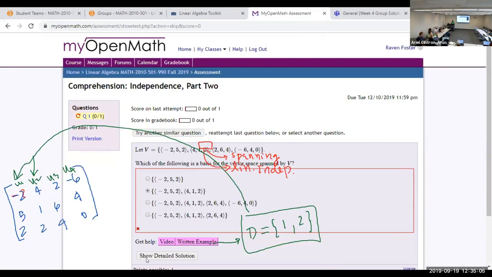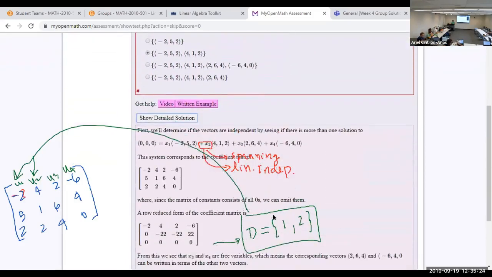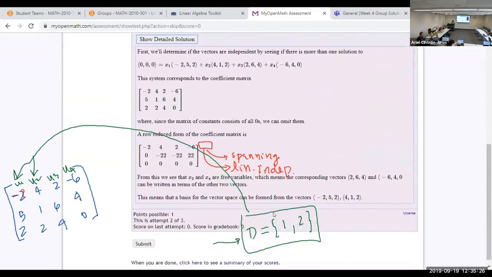No, you're correct. It's just that they didn't do it right. Where is details? Click that detail solution. It'll tell you that you're correct, but you're wrong anyways. Just scroll down to the bottom, and you'll see it.